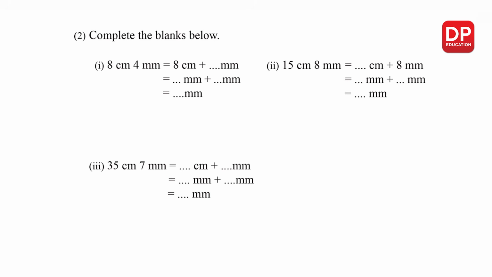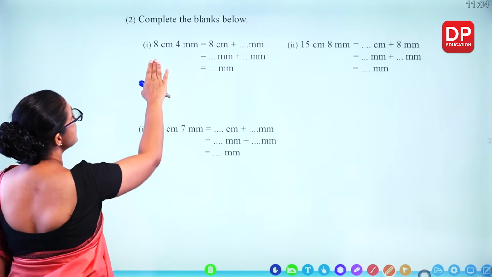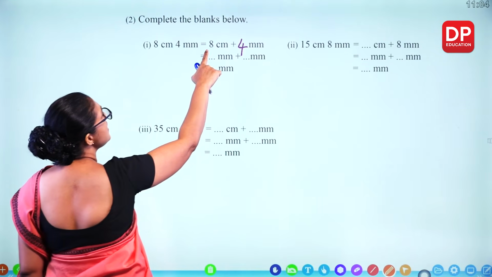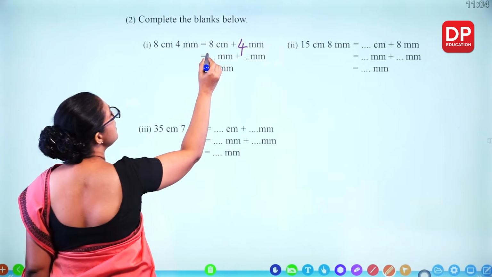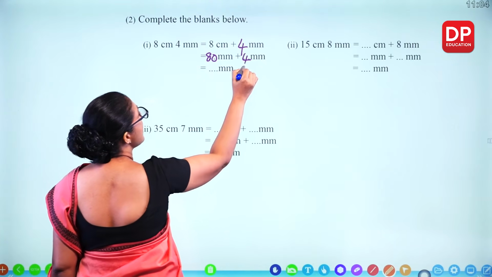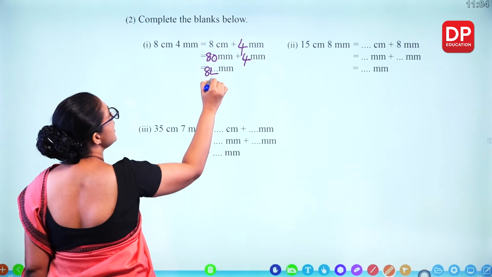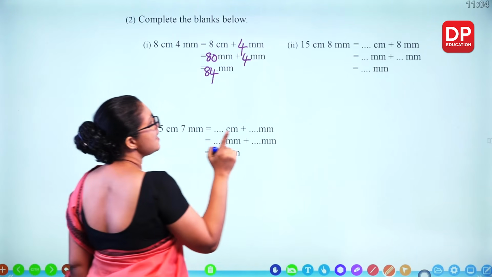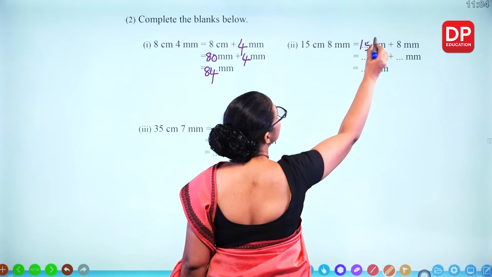Complete the blanks below. 8 centimeters, 4 millimeters. 8 centimeters, when you convert to millimeters, you multiply by 10, 80. 80 and 4 becomes 84. 15 centimeters and 8 millimeters.